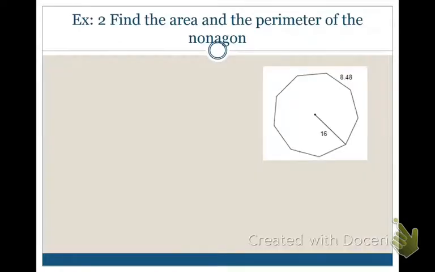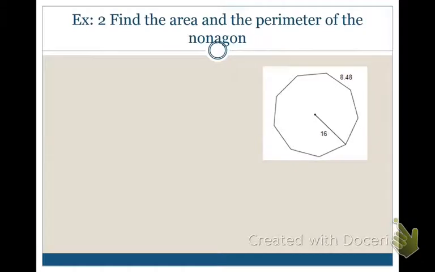Find the area and the perimeter of the nonagon. All right. So here we have a side length and we have the radius.